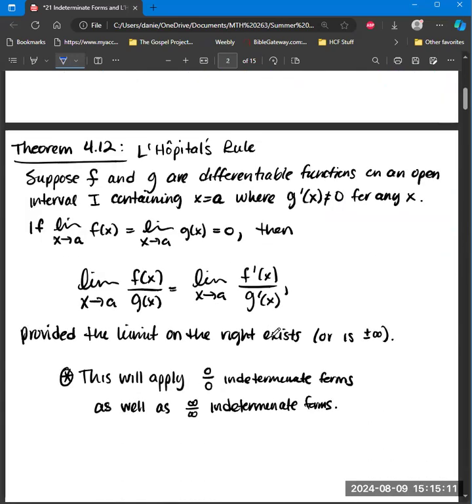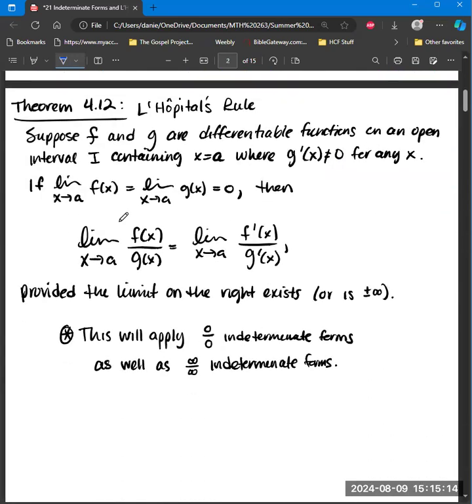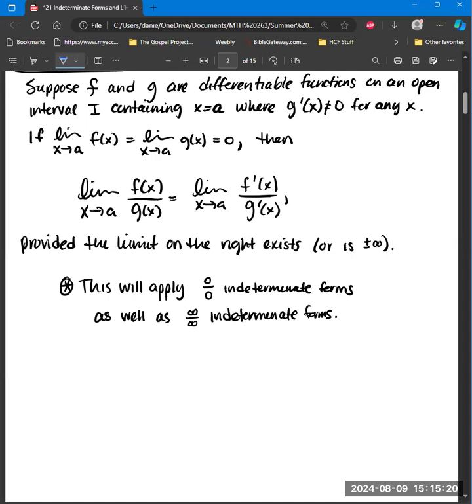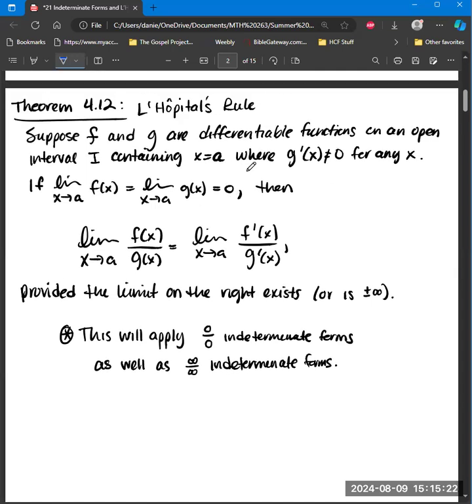So let's look at L'Hopital's rule, the theorem. Again, this is from a different textbook. That's okay. So ignore the theorem number here, but let's just pay attention to the theorem itself. Suppose f and g are differentiable functions on an open interval I containing x equals a, where g prime of x is not equal to 0 for any x.